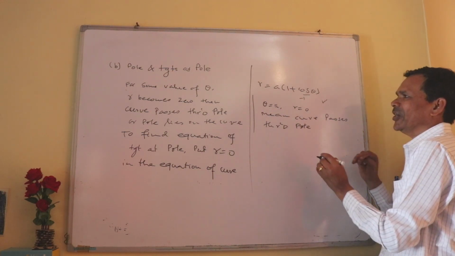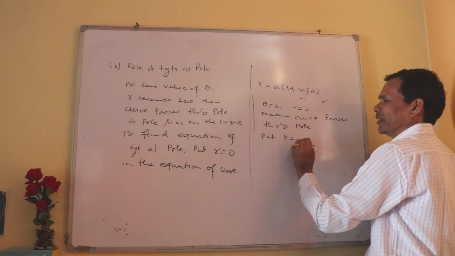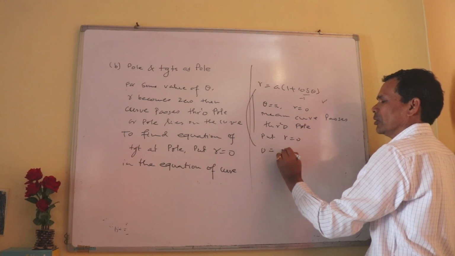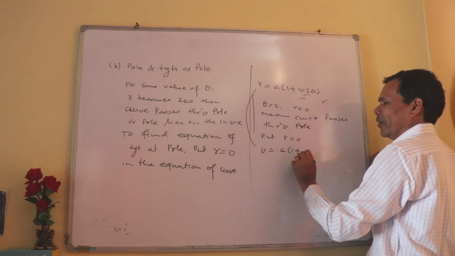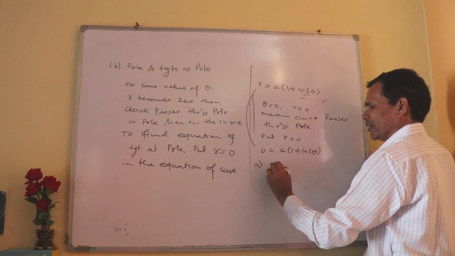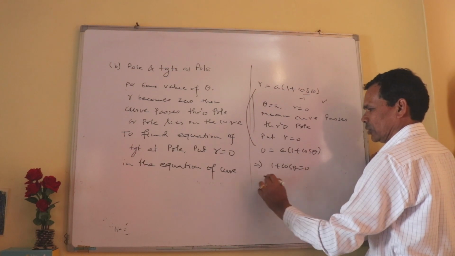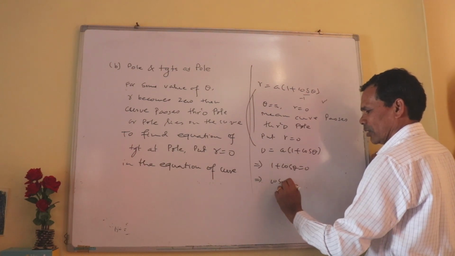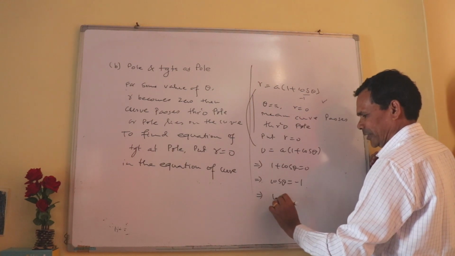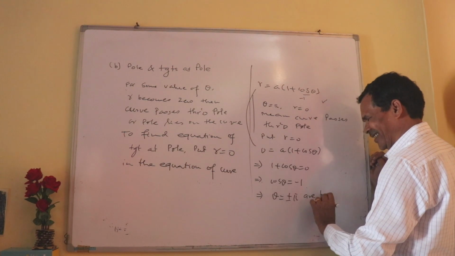To find the tangent at the pole, put r is equal to 0. Then a times 1 plus cos theta is equal to 0, which implies 1 plus cos theta is equal to 0, so cos theta is equal to minus 1, meaning theta is equal to plus or minus pi are the tangents at the pole.